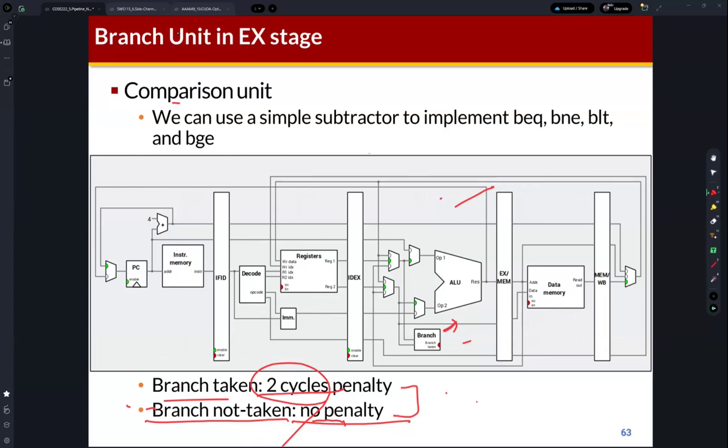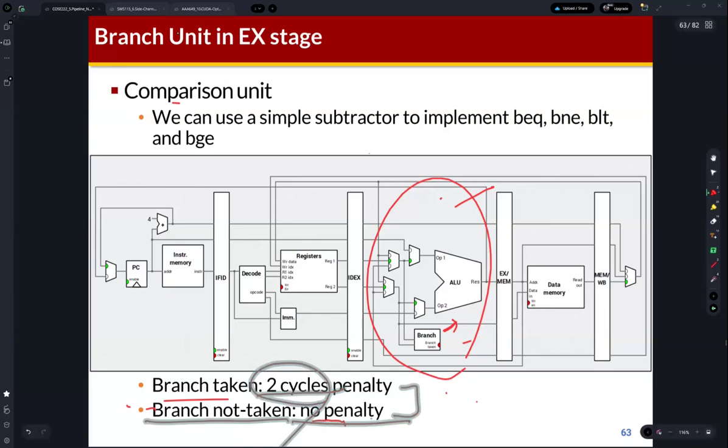So in order to reduce the performance drops, we need to resolve the branch earlier, right? So we can make the dedicated branch unit in the EX stage, and we can reduce one cycle.